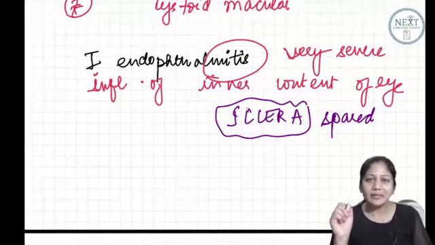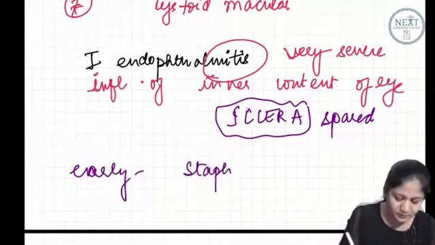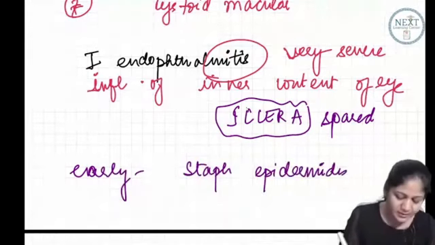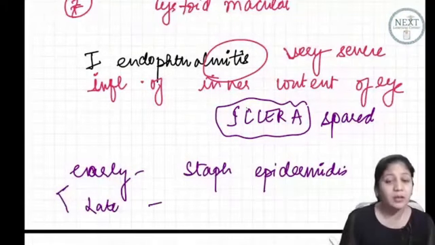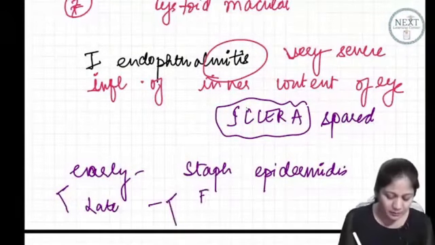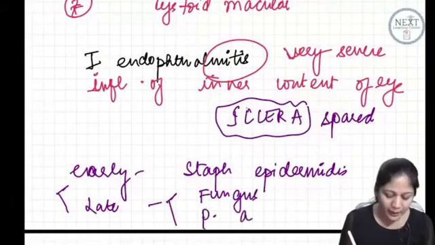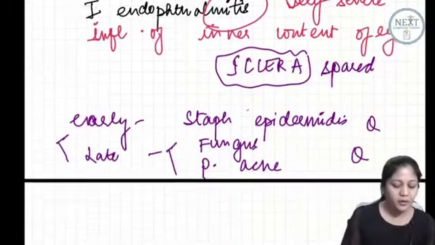So there is a serious infection mainly by Staph epidermidis. Mostly in the early cases, you can even have this infection caused either by a fungus or by Propionibacterium acnes. All these questions have already been asked to you.